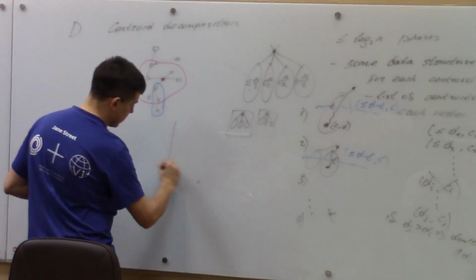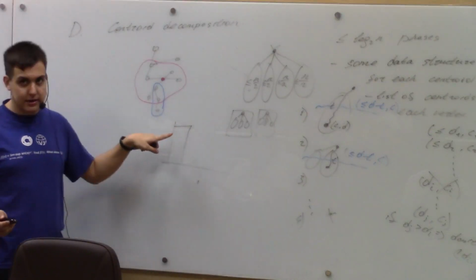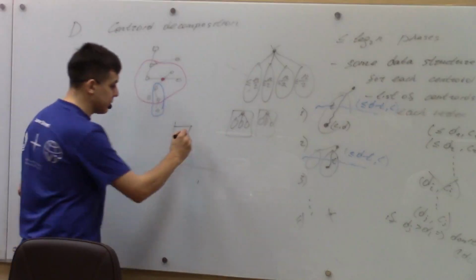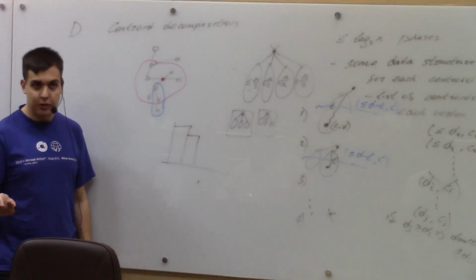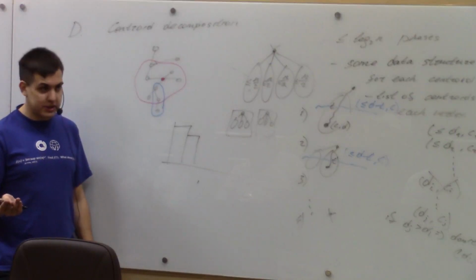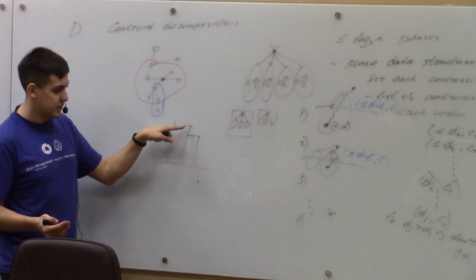So we can view this as a stack. We have some very old query that had very large distance. Then we have some query with a slightly smaller distance, which has overwritten some of these vertices.